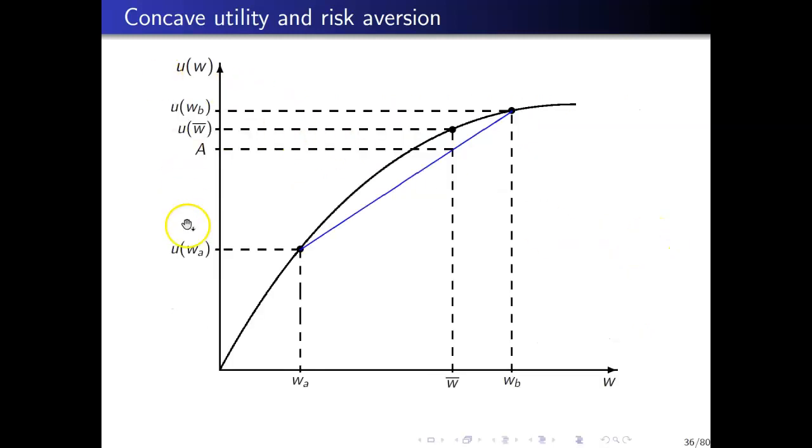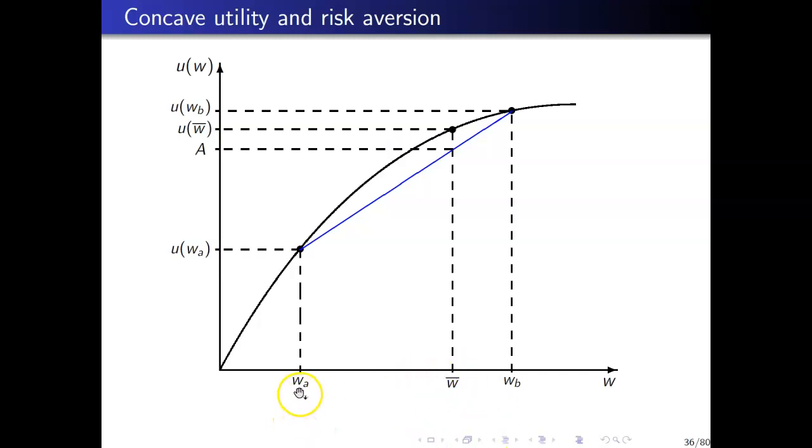So here's our utility function again, and here we have drawn a straight line between U of WA and U of WB. The expected wealth is here. It's simply the average between each possibility. So it's not right at the center because the probabilities are not exactly 50-50.